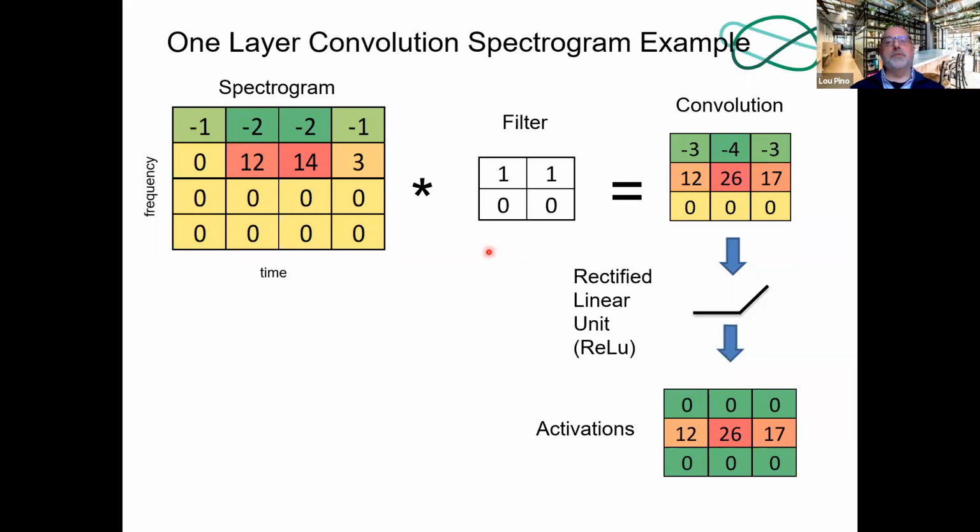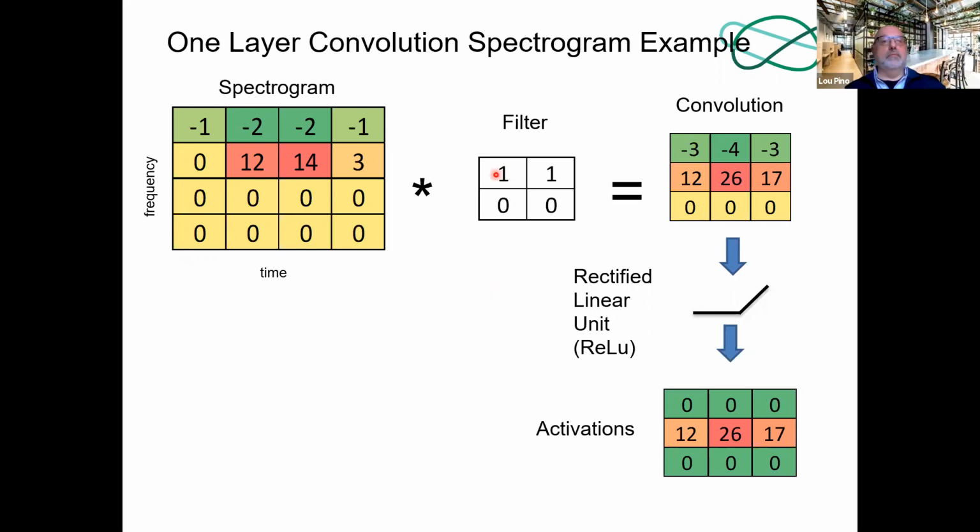I've chosen these filter coefficients, 1, 1, 0, 0, to find horizontal edges. However, note that these coefficients will be learned by the training data using gradient descent backpropagation when implementing convolutional neural networks.